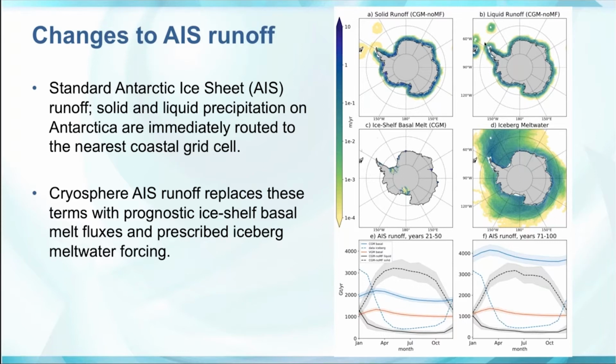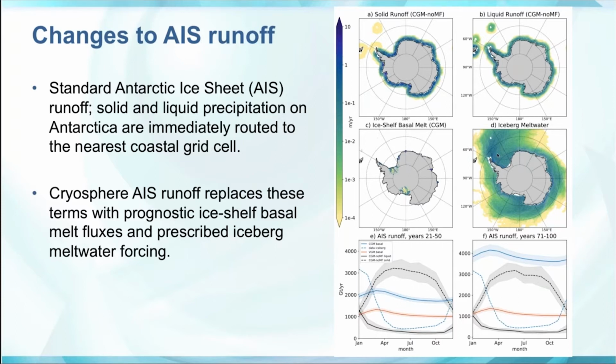In the cryosphere configurations, we replace these with representations of the actual processes by which fresh water from the Antarctic ice sheet is distributed to the ocean and to the rest of the climate system. That's through two processes: ice shelf basal melting, which, as I mentioned, we calculate prognostically, and calving of icebergs.